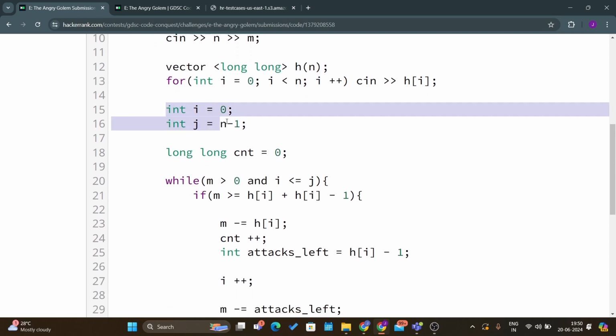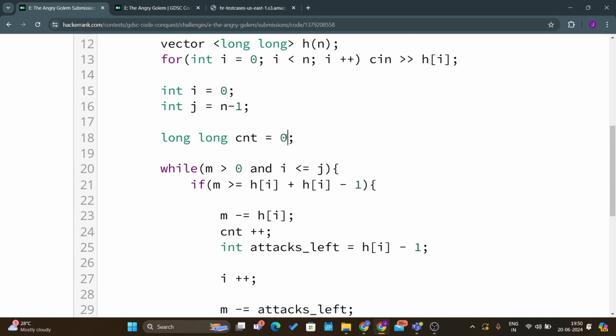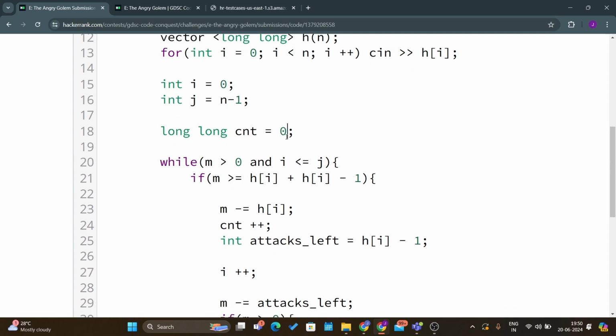Now we have defined two pointers. The initial pointer points to the first fortress, and the jth pointer will point to the n minus 1th fortress. And inside this count variable we will count the number of fortresses that collapsed or crumbled.